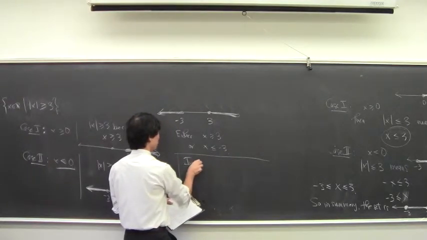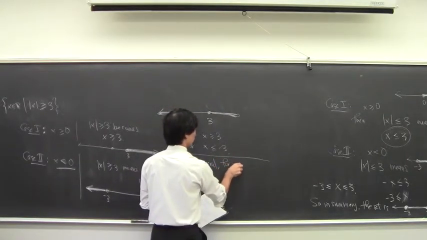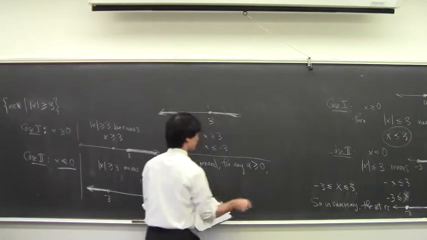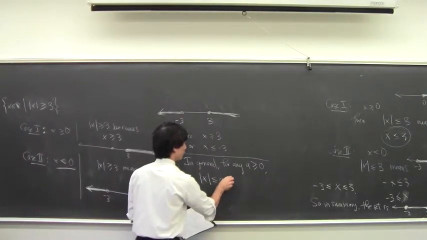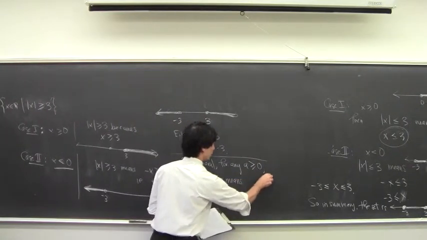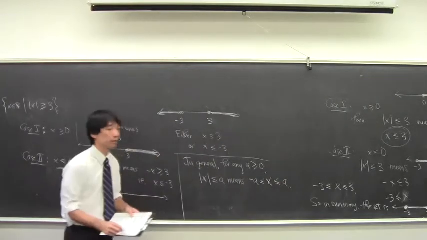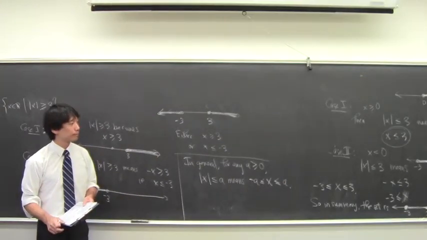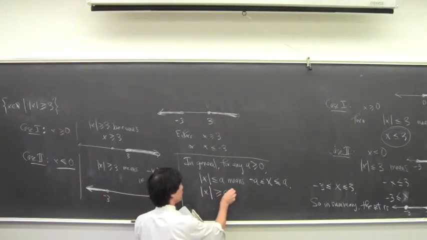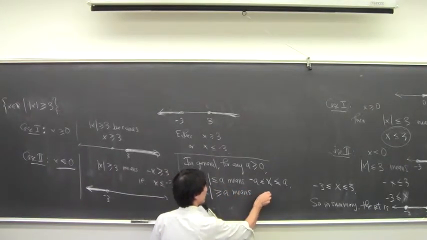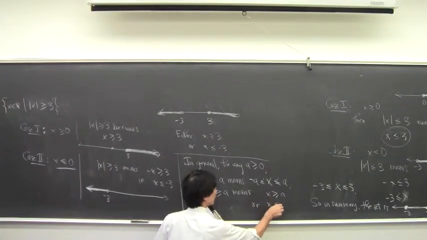So in the general case, for any positive a, for x to be less than or equal to a means that x lies between negative a and a. And x bigger than or equal to a means x is bigger than a, or x is less than negative a.